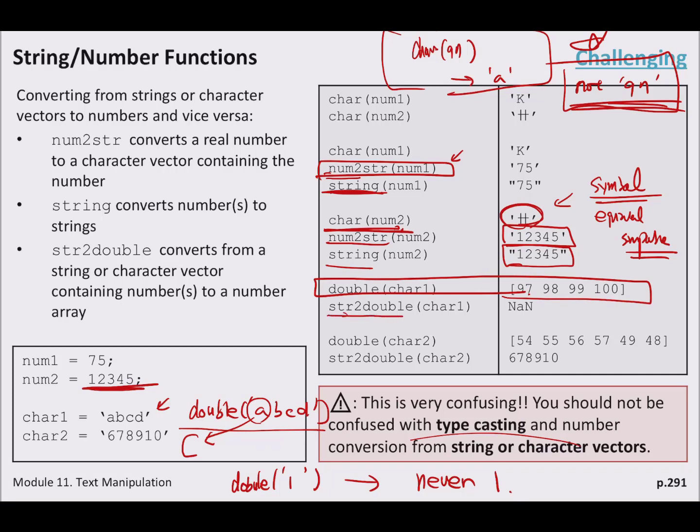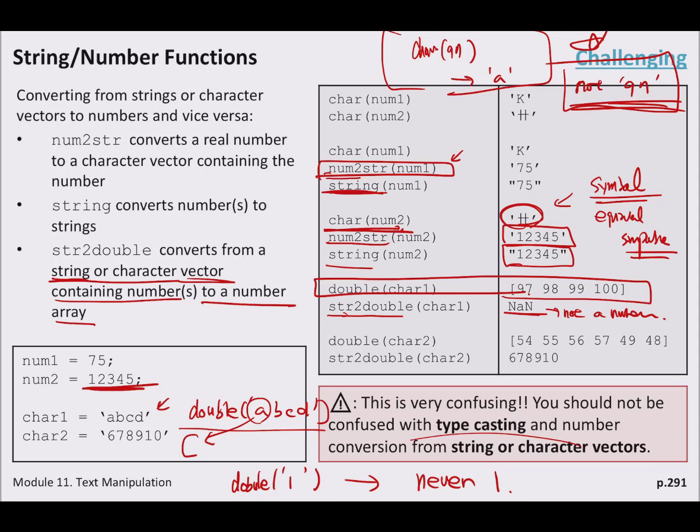String to double converts a string or character vector containing a number to a number. But here ABCD is not a number, so if you try to convert these alphabet characters to a number, you will see NaN, not a number.